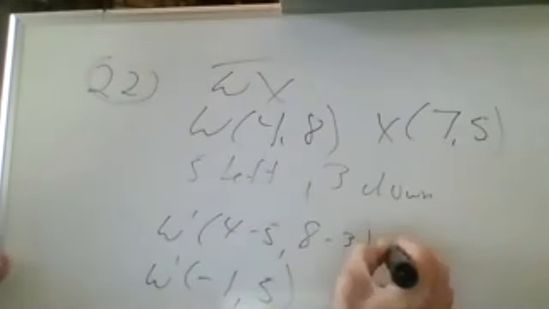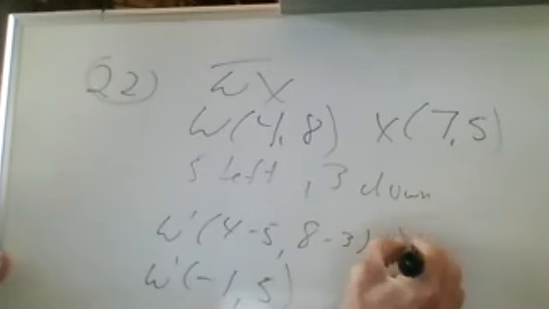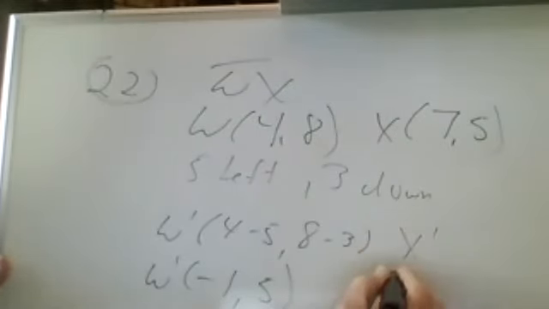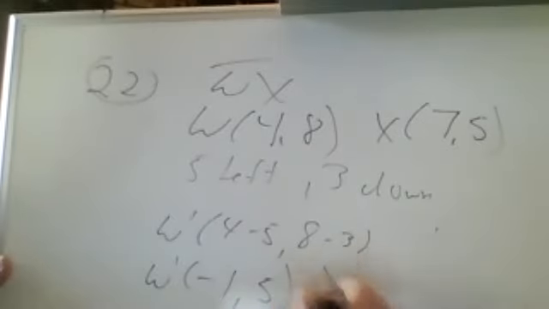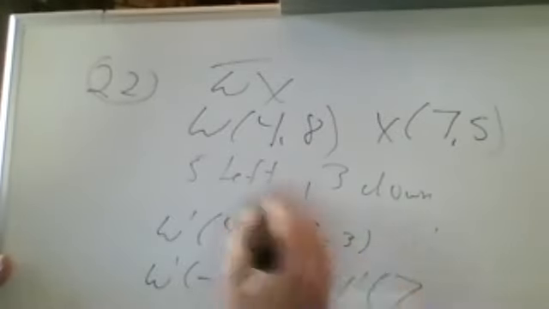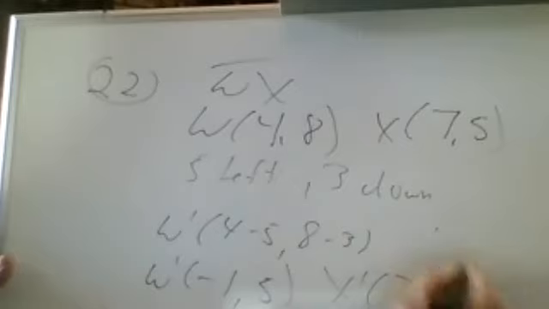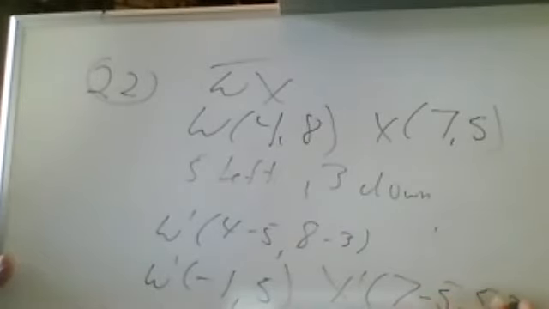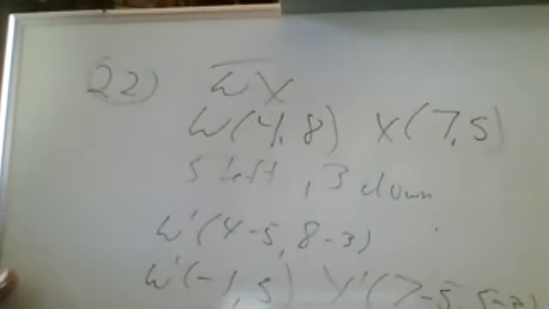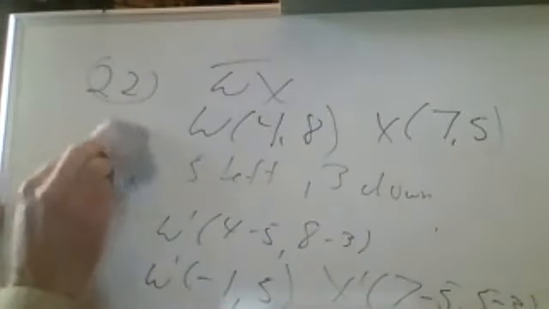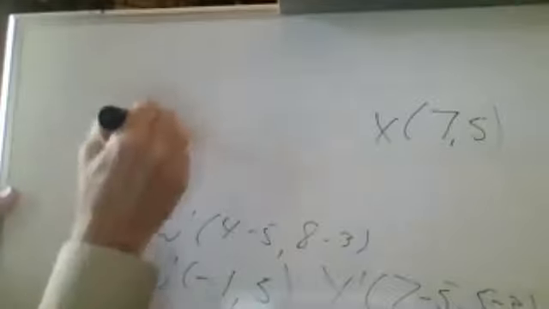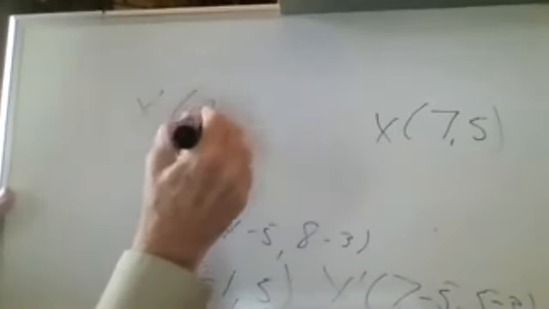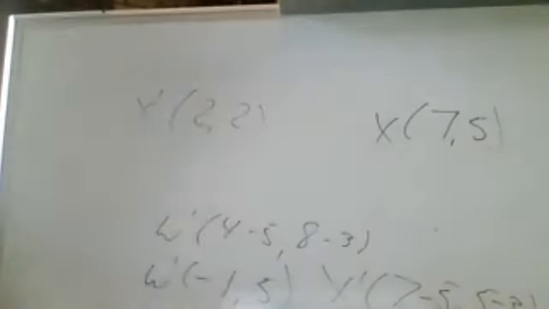And then X prime would become, let me move it down here. So X prime then would be 7 minus 5 and 5 minus 3, okay? Erase this stuff at the top here. You can back it up if you missed something. So then X prime becomes 7 minus 5 is 2, 5 minus 3 is 2.